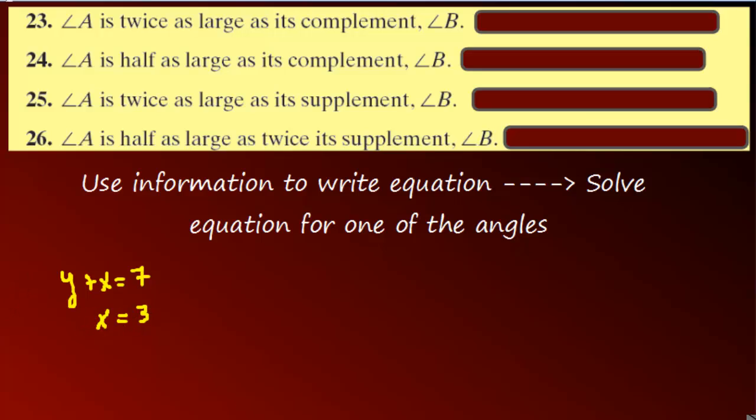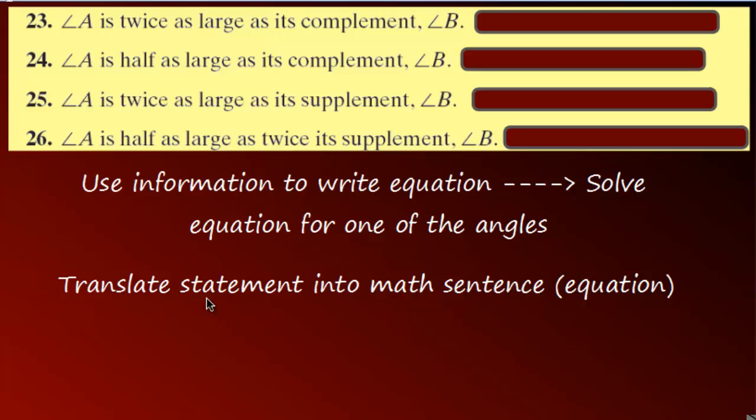In a situation like this, we have a statement which we're going to translate from English into math, and that's going to give me an equation. It says angle A is twice as large as its complement, angle B. Twice is an equal word, meaning 2 times something. So angle A is twice angle B. Now I have two unknowns.